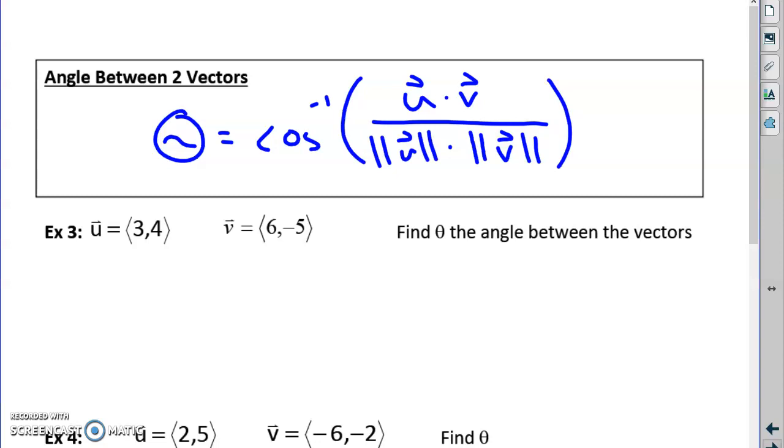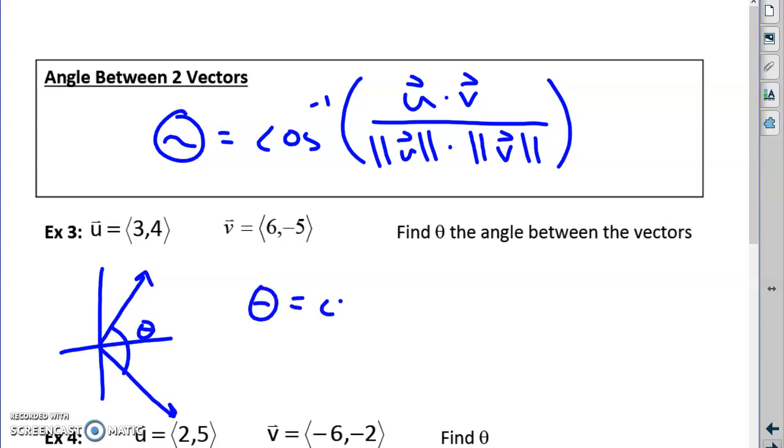All right, that same example we had a minute ago. Again, to get a little bit of visual, 3, 4, 6, negative 5. We're looking for theta. We now know that theta equals cosine inverse of the dot product of u times v over the product of the magnitudes.